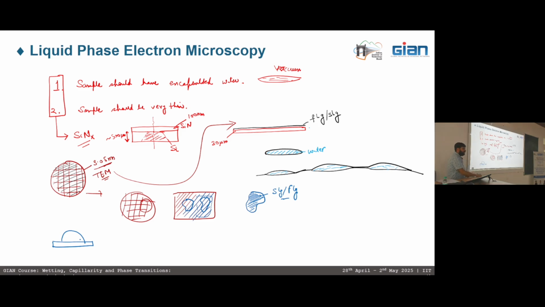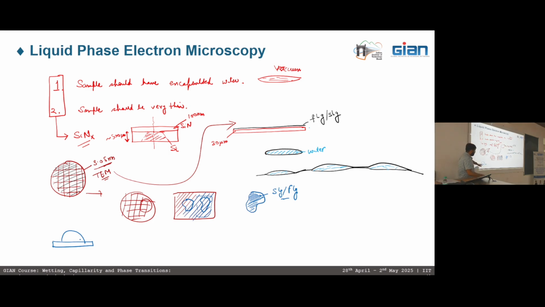So we can see the DNA. Using this technique, we can even see the crystallization of crystals occurring. We can observe how NaCl is formed, and you can exactly see those NaCl crystals here. So this is a very strong, powerful technique.